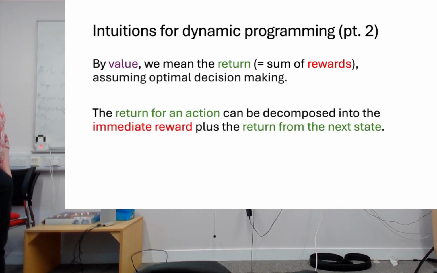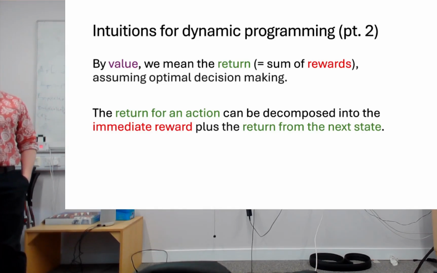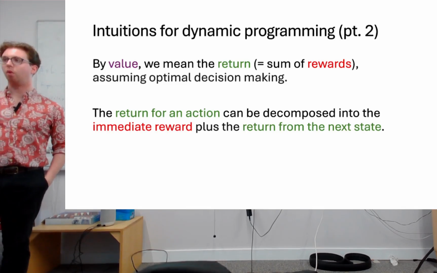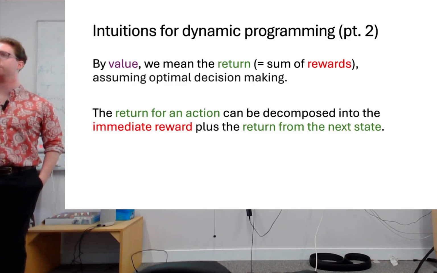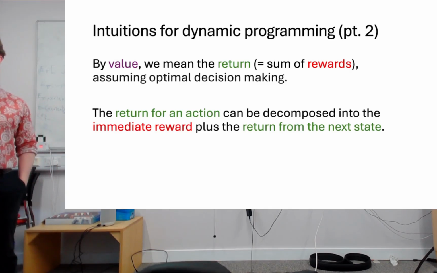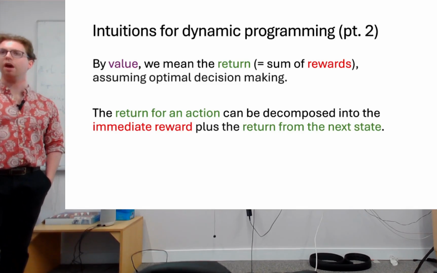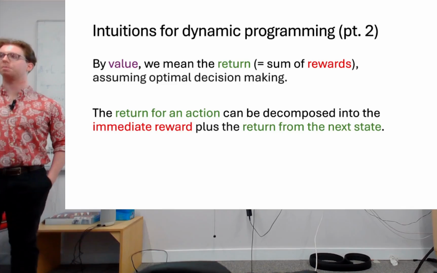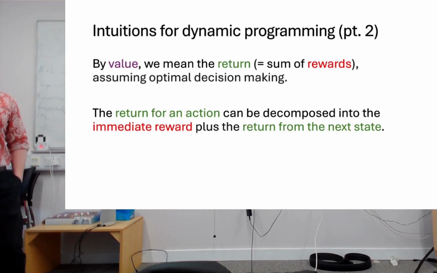So the return for an action, the cumulative sum of rewards, can be decomposed into the immediate reward, what I get immediately after performing the action, and then all of the rewards after that point. Does this concept make sense? So return is the sum of all future rewards, and all future rewards can be written as the immediate reward plus all the rewards after that.